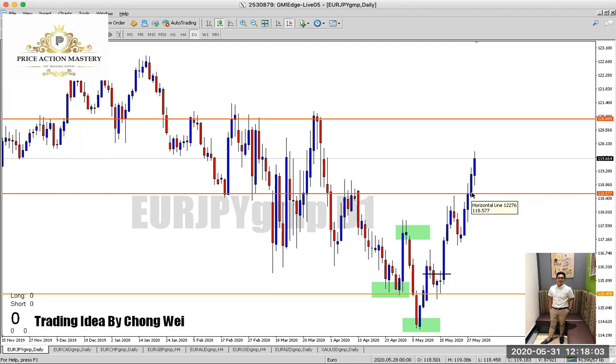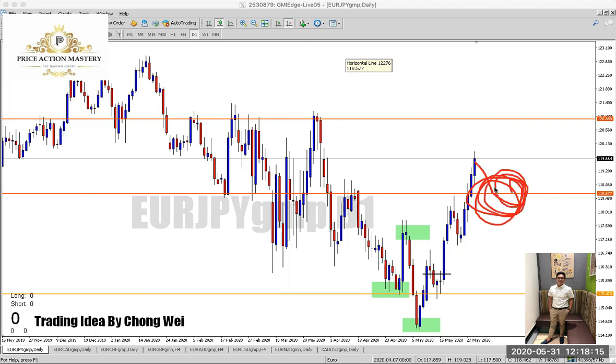Okay, key line level. Then for euro JPY, we will see that the market can pull back to this level, and then from some banker side here, we can see a further upside. If there's no banker side, maybe it wants to pull back lower and go up.